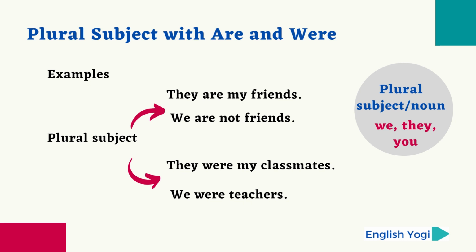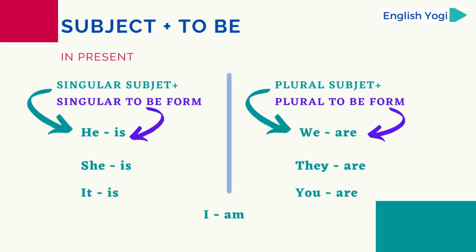So what is the basic rule again? The second basic rule: with the plural subjects, what are the plural subjects? We, they, you. So these are the plural subjects, or we can say plural nouns. With all these plural subjects and nouns, we have to use are and were according to tense. So this is also the rule.